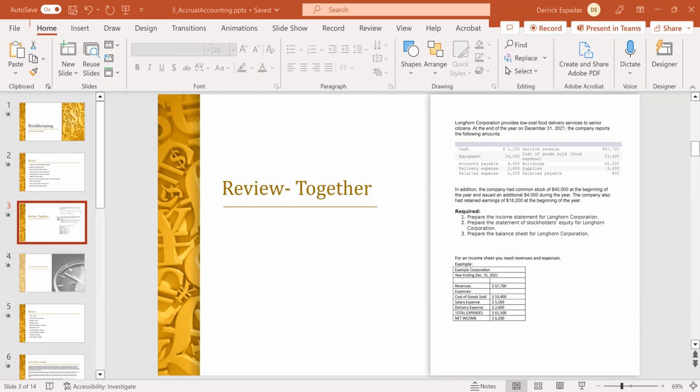So they want us to prepare the income statement for Longhorn Corporation, the statement of stockholders' equity for Longhorn Corporation, and the balance sheet for Longhorn Corporation. Up at the top it tells you a little bit about Longhorn Corporation, that they provide low-cost food delivery services to senior citizens in the year ended December 31st, 2021.